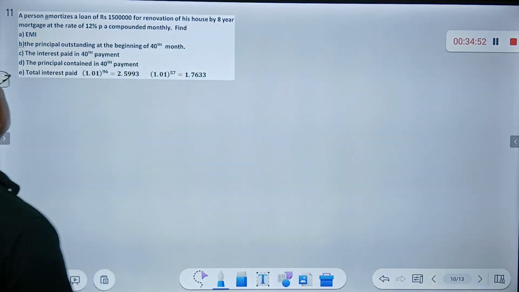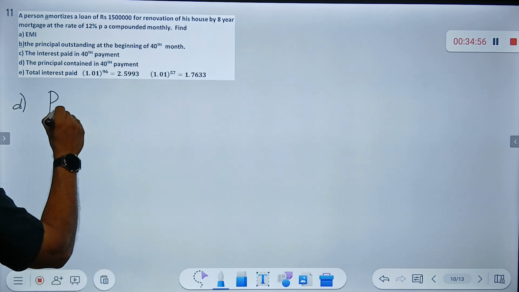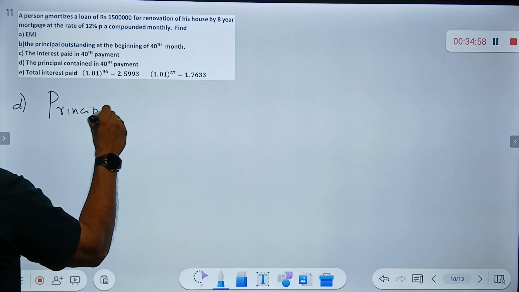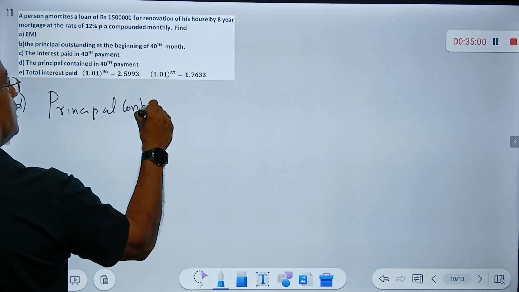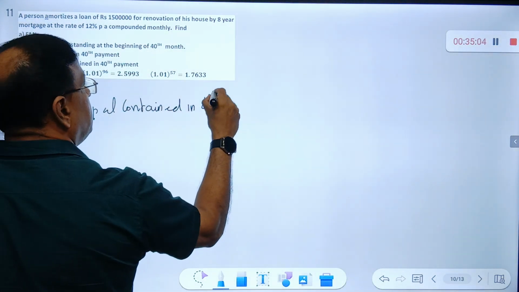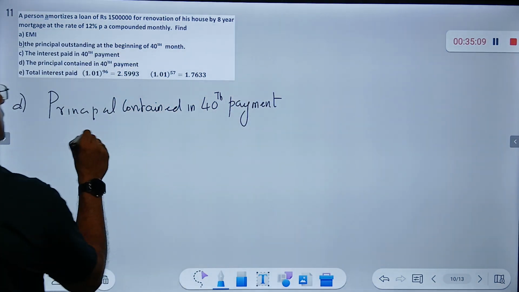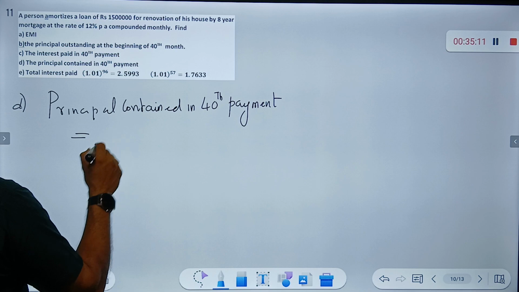The fourth subdivision is principal contained in 40th payment. What is the principal contained in the 40th payment?